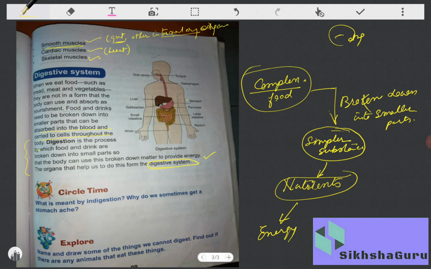This is the oral cavity. Means you are taking the food inside. Here you have the teeth. You are cutting the food with the teeth. Then you are masticating the food with the premolars and the molar teeth inside.